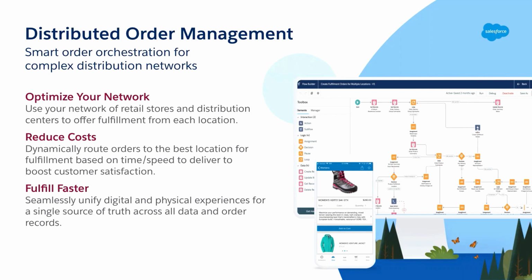This allows you to fulfill faster and reduce costs by leveraging order routing workflows to fulfill from the best location and boost customer satisfaction. So distributed order management offers these configurable fulfillment workflows that can be used to dynamically route orders to the best location for fulfillment based on inventory level and proximity to the order recipient.